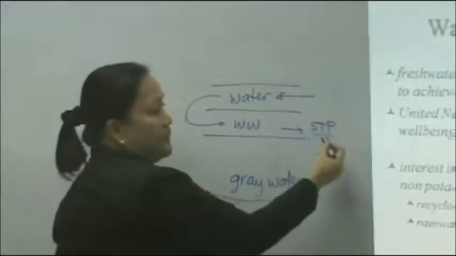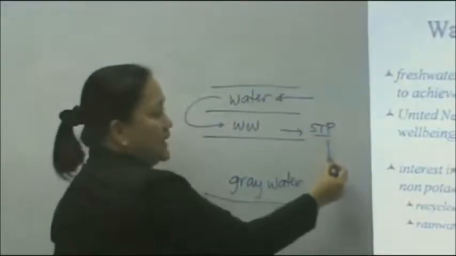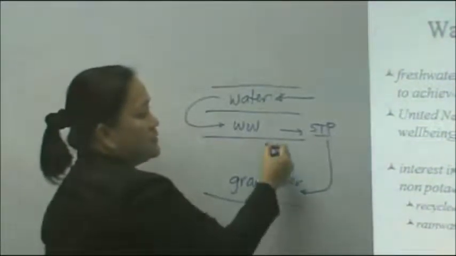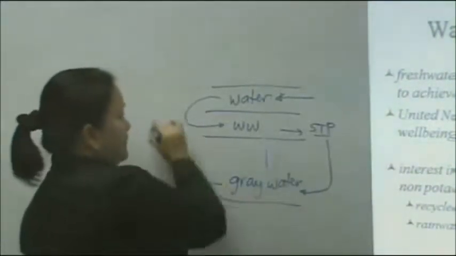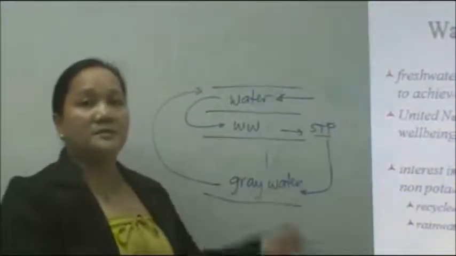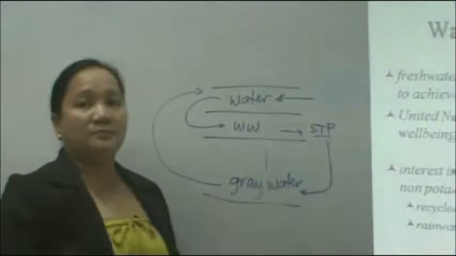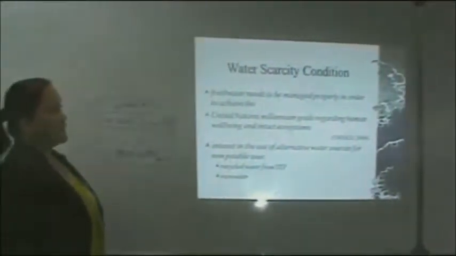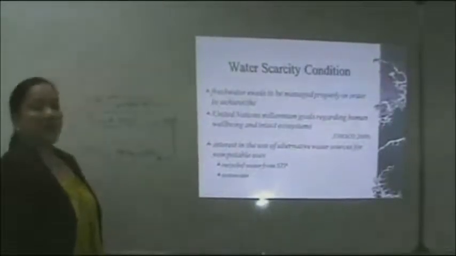The STP will now treat the water and then bring it back as gray water to the consumer. So you notice this involves an optimal cycle loop. That is to address the problem on water scarcity and eventually water stress.